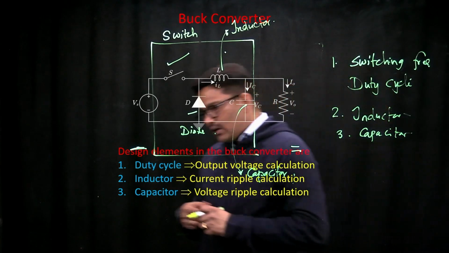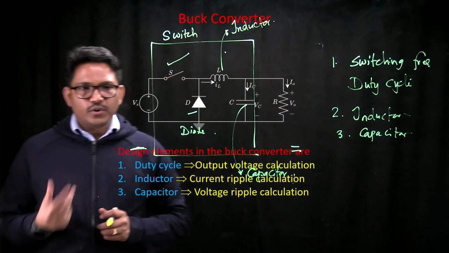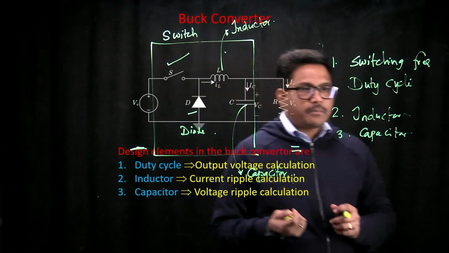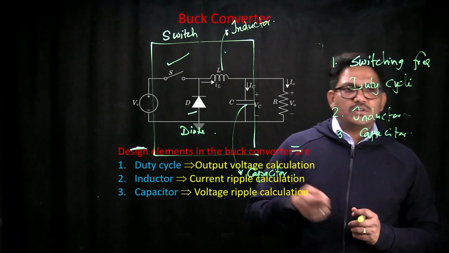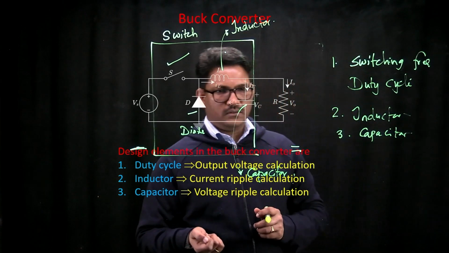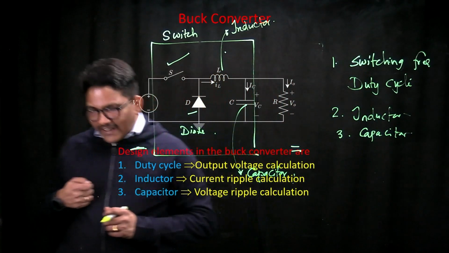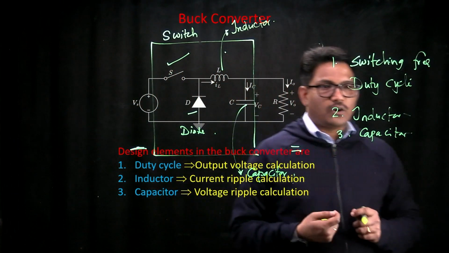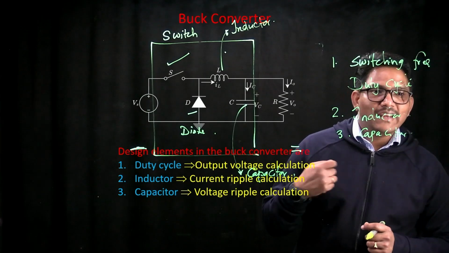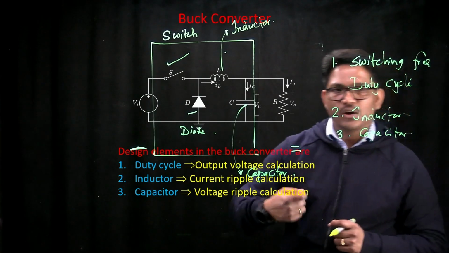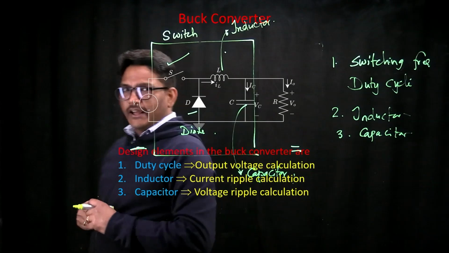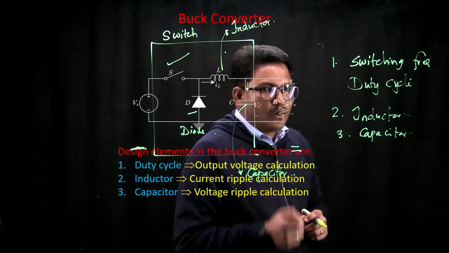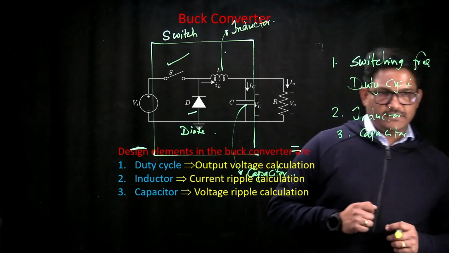The duty cycle you need to put into your buck converter will be decided based on the transformation ratio required. The value of the inductor will be decided based on the allowable variations, or ripple, in your output current. Similarly, the value of the capacitance will be decided based on the allowable voltage ripple in your output voltage.